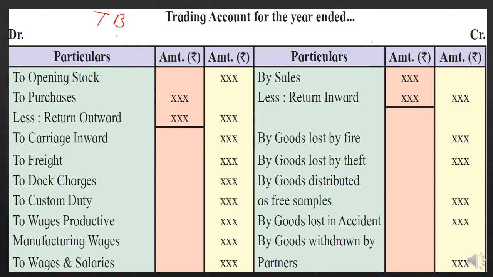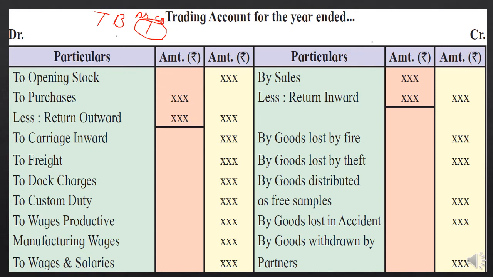Okay students, the trial balance is a table from which we have to take each and every item and post them into the respective accounts where they should go. For example, in the trial balance there will be a debit side and a credit side.